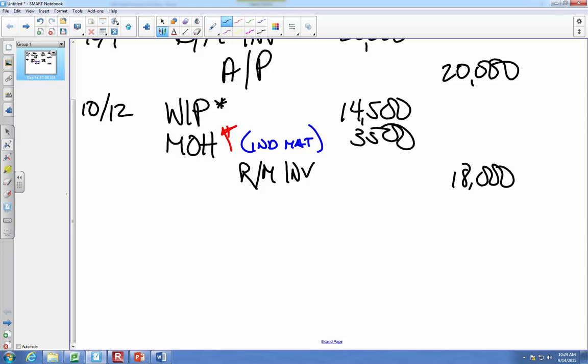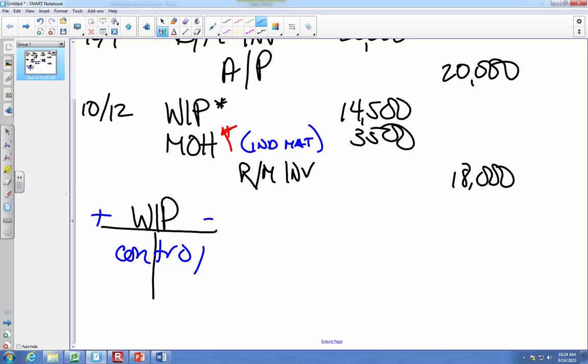I don't just have one big AP number when I've got 800 vendors. So my WIP is the control account. What kind of account is WIP again? Current asset, good. And it's got all sorts of little baby accounts under it, doesn't it?